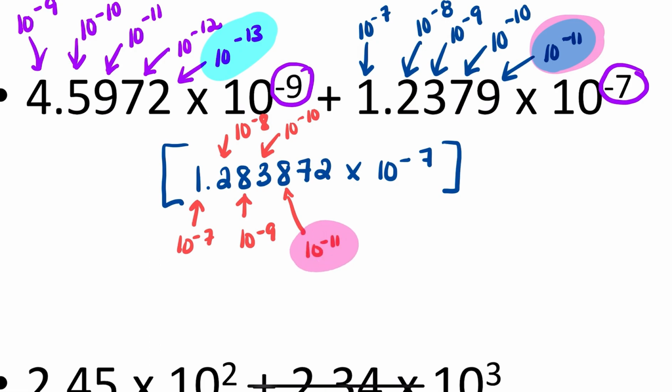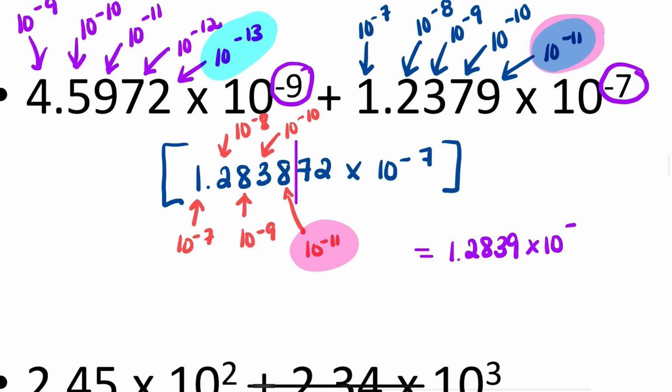Here's my precision. So I need to cut my number at that position, between that 8 and 7. My final answer here: 1.283, and I'm going to round up to 9, because I'm dropping a 7, times 10 to the minus 7.